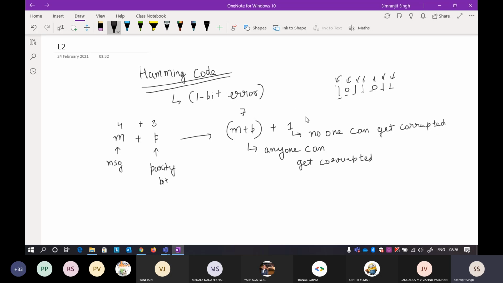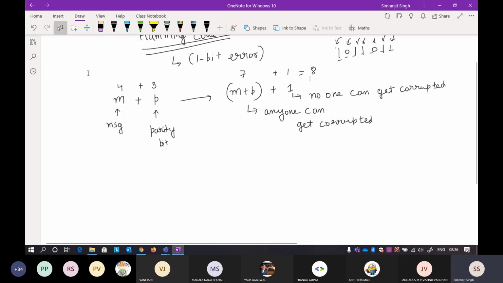I'm only calculating the total possibilities. 7 possibilities of getting an error in any of the bits and one possibility that there will not be any error. So there are a total of eight possibilities. That is the concept of Hamming code. Now every possibility will be defined by some number. To check the 8 cases, because I've taken the 4 plus 3.